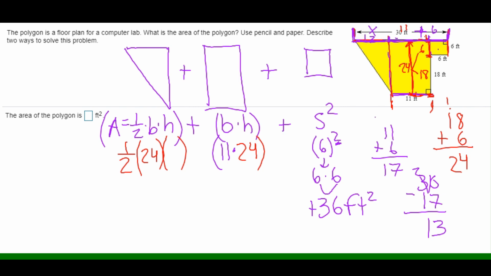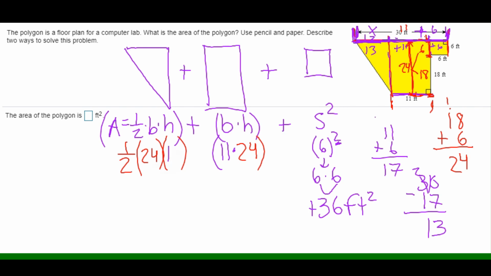So the base of my triangle is 13. Now I can check: is 13 plus 11 plus 6 equivalent to this 30? 13 plus 11 plus 6, absolutely, that's equivalent to 30 exactly, so I know that this 13 has to be right.